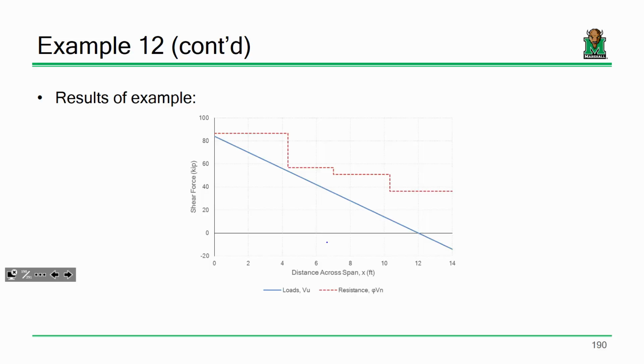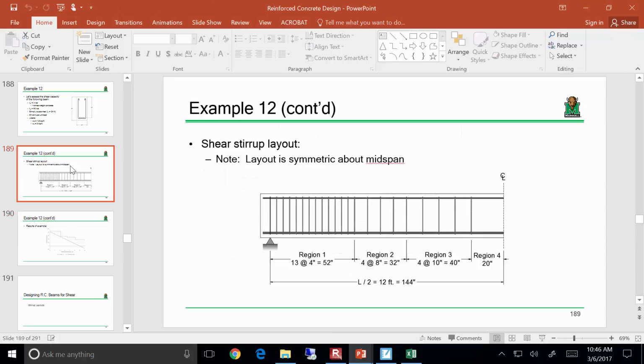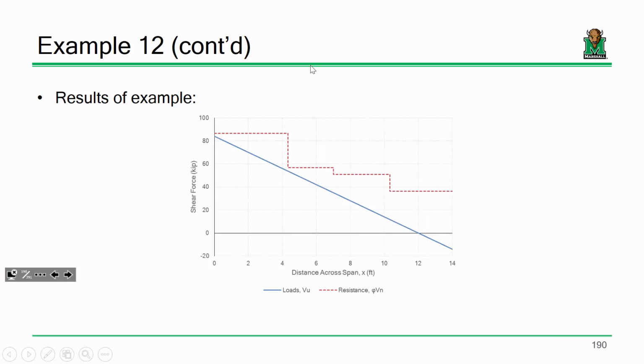But if I bump that spacing up a little bit, I can use a more economical selection down the line. Like for instance, if you notice that first region goes all the way to 52 inches. So what's 52 inches in feet? 4 and some change, right? 4.3 something.